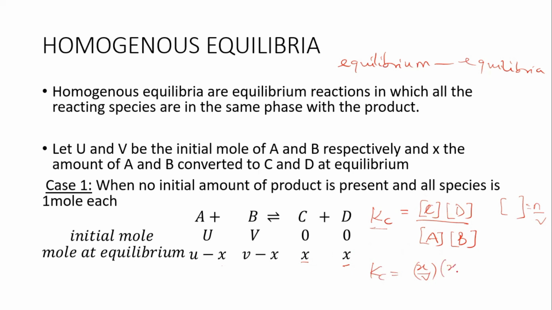It is X over volume. And then we have A, which is the initial mole minus X, over volume. And for B, it is V minus X over the volume.